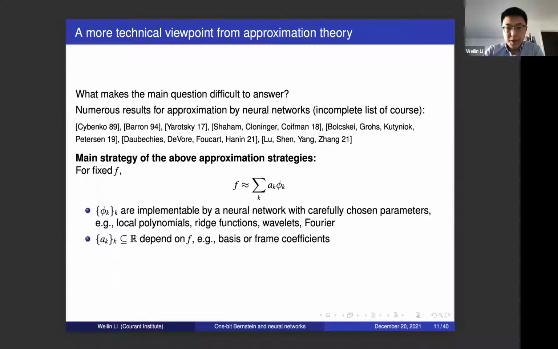For the most part, these results employ a common strategy. The idea is that for a fixed function, we try to approximate it by a linear combination. The phi's here are implementable by a neural network, for example wavelets or local polynomials. And the a's are the coefficients, which you can think of as frame coefficients of the function f.